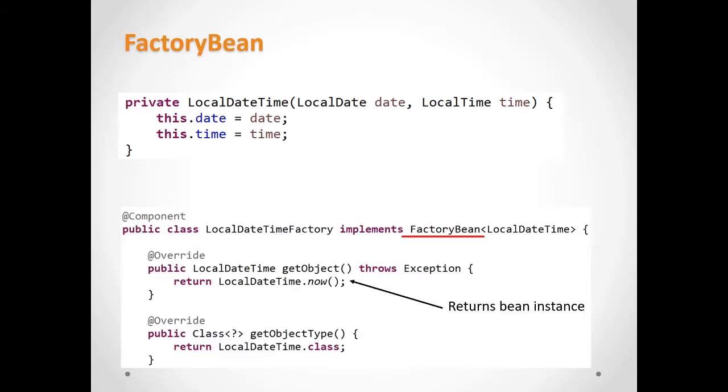You can use the FactoryBean interface, and if you create an implementation of this interface and override the getObject and getObjectType methods, you can provide how Spring should instantiate this bean and what the class of this bean is.